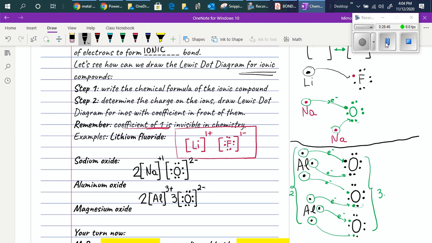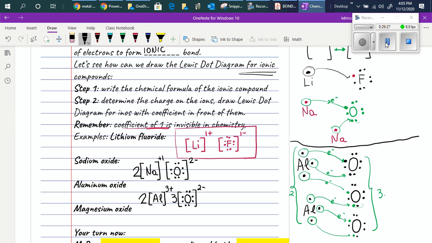Now, one thing that you can see here in all of them that we have done is that the net charge will be 0. So in the first case, +1 -1, net charge is 0. In the second case, 2 times +1 + 2-, charge 0. Net charge is 0. 3 times +3 is +6, and 3 times -2 is -6. So the charge is 0.